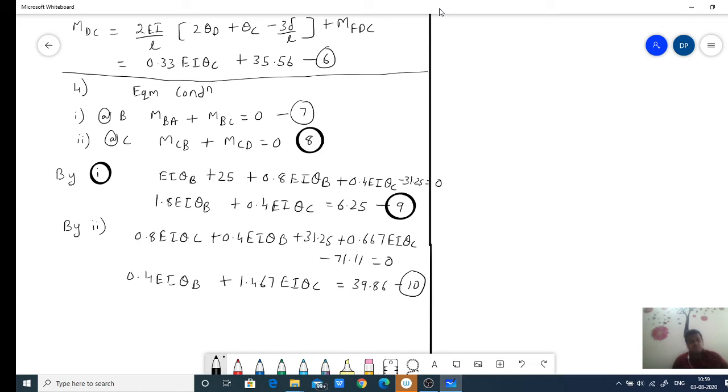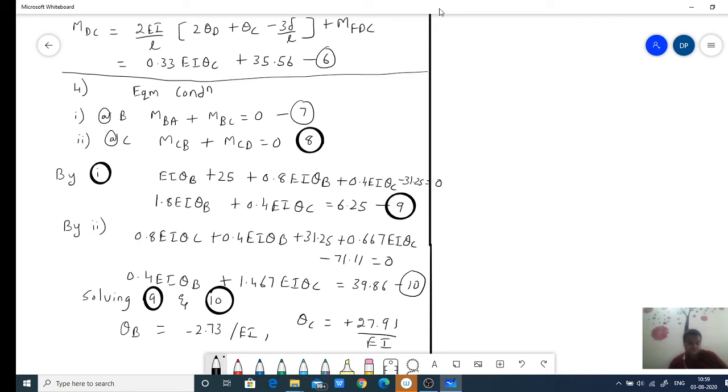Now once these two equations are formulated, by solving equations 9 and 10, which are simultaneous equations, you will get theta B equal to minus 2.73 upon EI, and theta C equal to plus 27.91 upon EI, right.